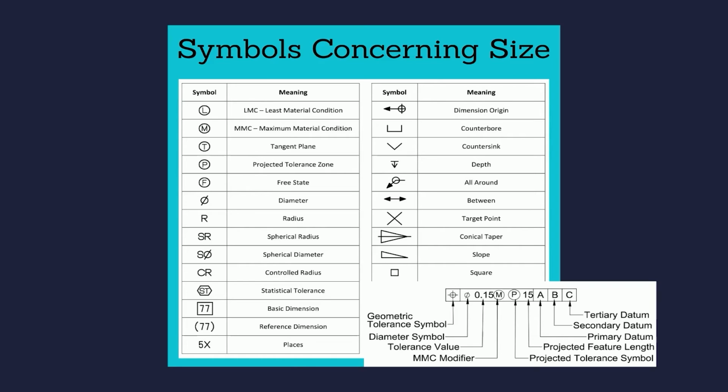But then we'll go into a typical GD&T bracket. So, your geometric tolerance symbol, then you'll go into your diameter symbol, your tolerance value, if it has a modifier, whether it be MMC or LMC, a projected tolerance symbol, which isn't generally used, your projected feature length, which you will also see very commonly, and then your primary, secondary, and tertiary datums.